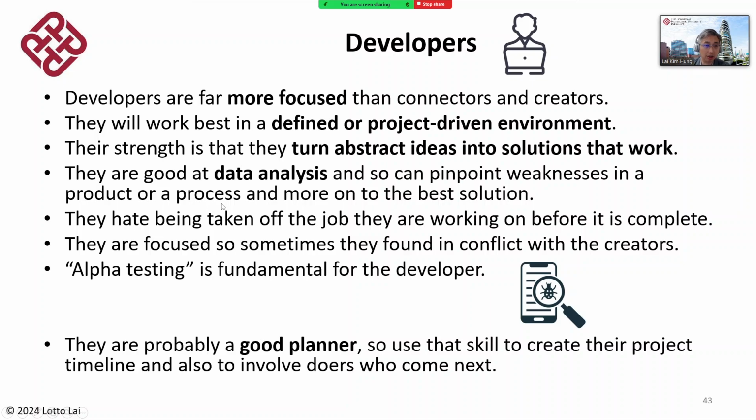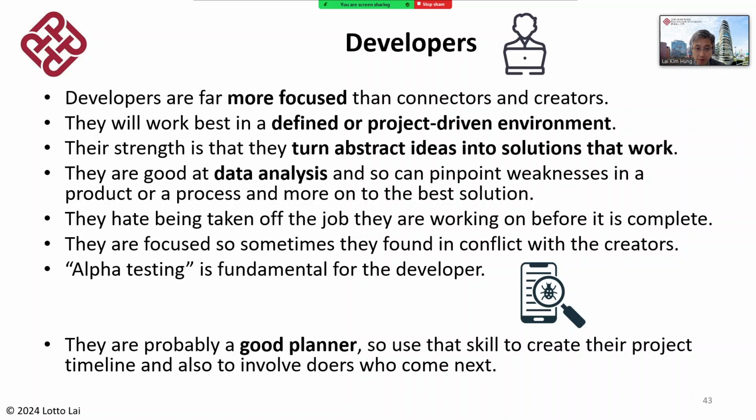And they are good at data analysis, so they can pinpoint the weakness in the product or process and move on to the best solution. They hate being taken off the job they are working on before it's complete. So they want to deliver.